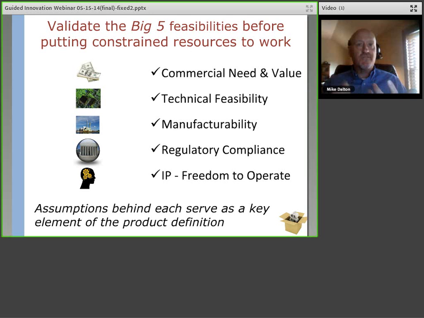Not that patentability isn't important, but from a feasibility standpoint, we want to make sure that we're not going to be blocked to actually sell the new product innovation that we bring out.